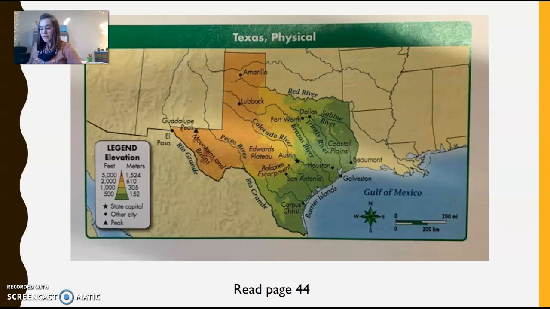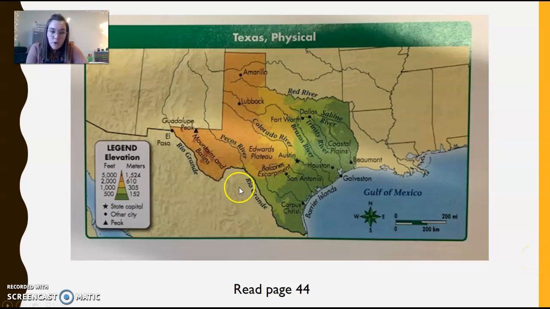So in your assignment today, you're going to use this map, and you're going to suppose that you're taking a trip from Beaumont to El Paso. Here's El Paso. We're looking for Beaumont. I just saw it all the way over here. So you're going from Beaumont all the way to El Paso.